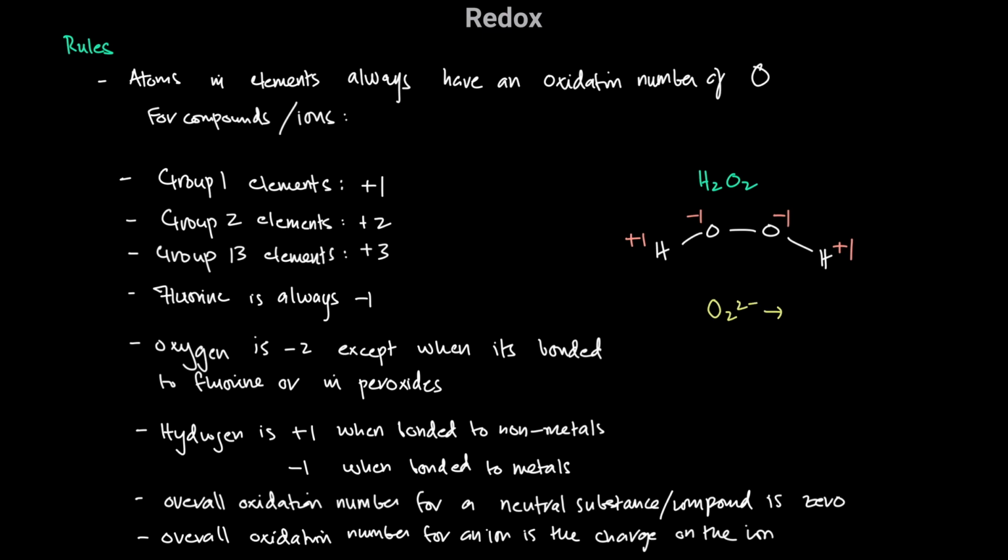In the peroxide ion, each oxygen has an oxidation number of -1, so the overall oxidation number for the ion is -2, which is just the charge on the ion. So in hydrogen peroxide or the peroxide ion, the oxygen has an oxidation number of -1. Those are the two exceptions where oxygen is not -2: when it's bonded to fluorine, or in peroxides.